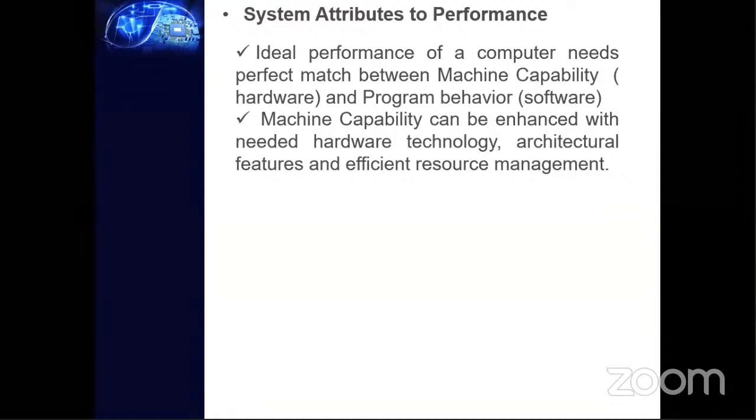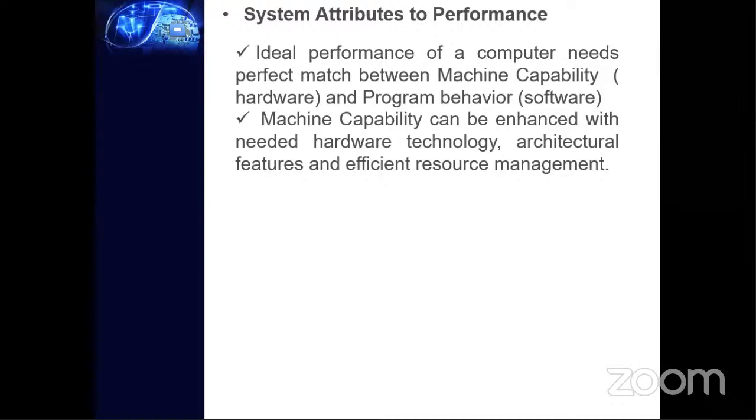The machine capability is enhanced with the needed hardware technology and the architectural features. Architectural features means how the components within that computer are arranged, how the memory is arranged, where the processor is placed, where the processing elements are arranged, where the control unit is. These are all the architectural features, and the efficient resource management.